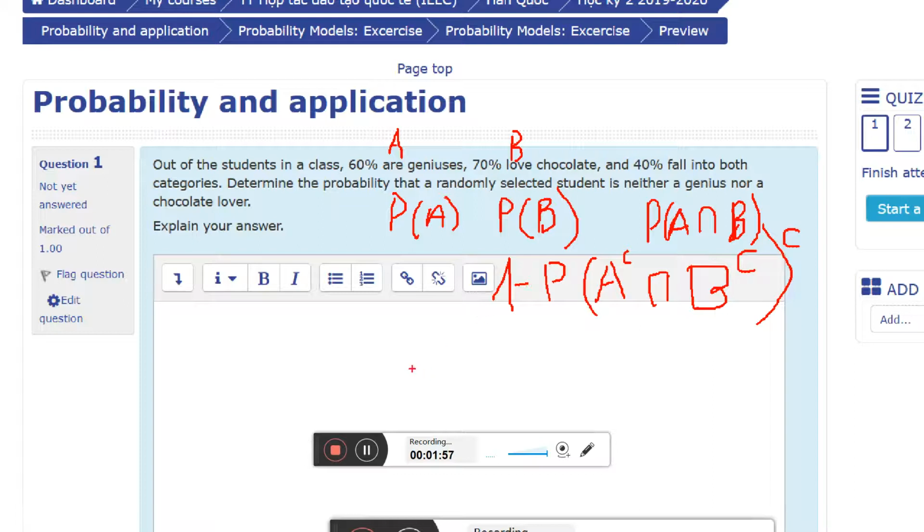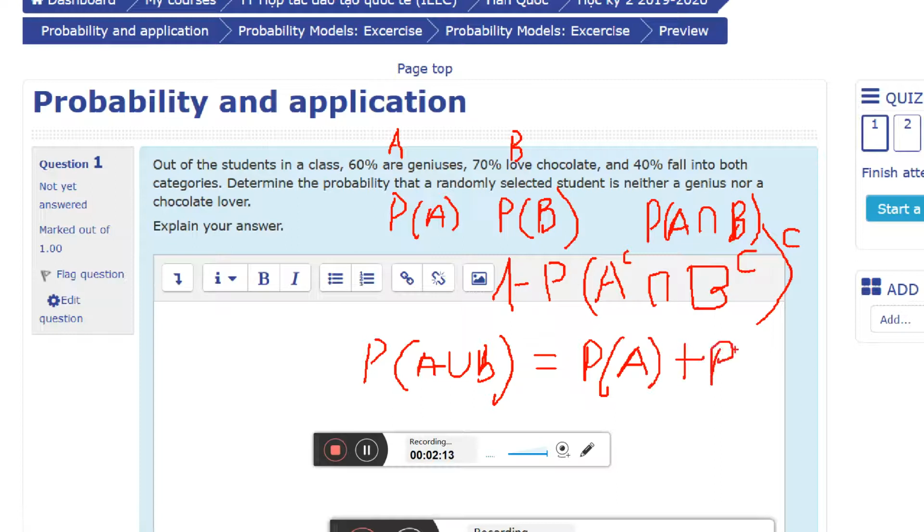So you have the probability of A union B equal to the probability of A plus the probability of B minus the probability of A intersection with B. So easy, just formulate the formula and use the De Morgan rule.